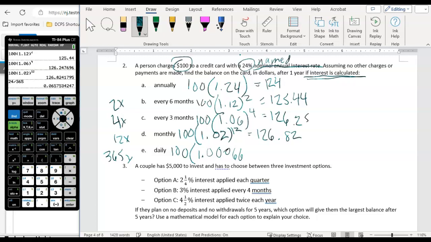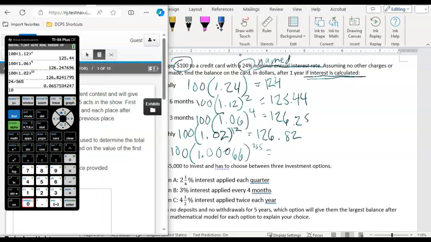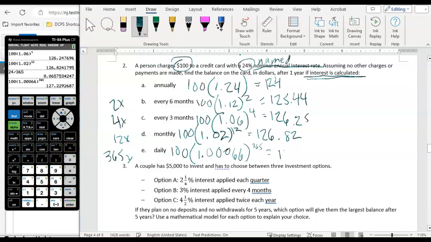We'll round it up just a little bit, to the power of 365, because we're doing that every single day. All right, so 100 times 1.00066 to the power of 365 gives us 127.23 approximately, right? 6 honestly might have been a little bit big because our number was 65.